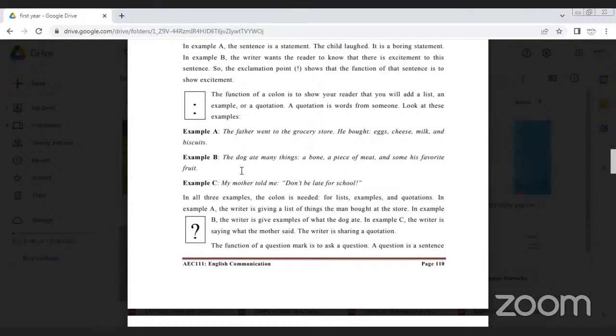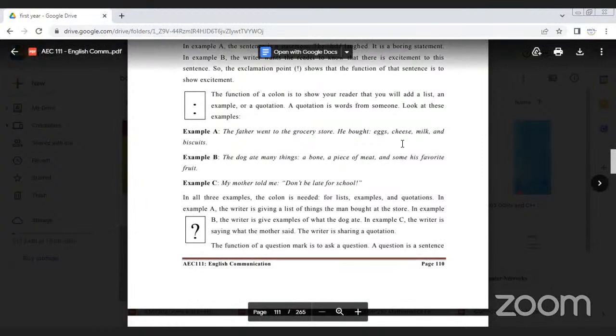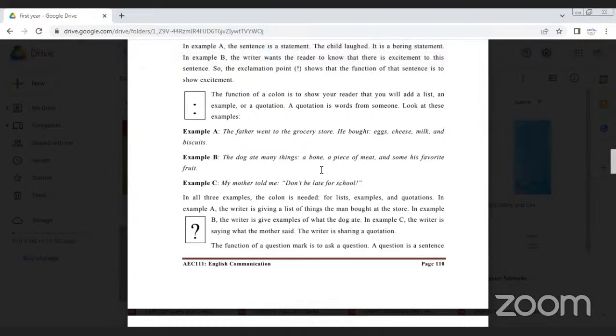In example A, the writer gives the list of the things the man bought at the store. What things did he buy? Eggs, cheese, milk, and biscuits. In example B, the writer gives examples of what the dog ate. The dog ate many things: a bone, a piece of meat, and some of his favorite fruit.